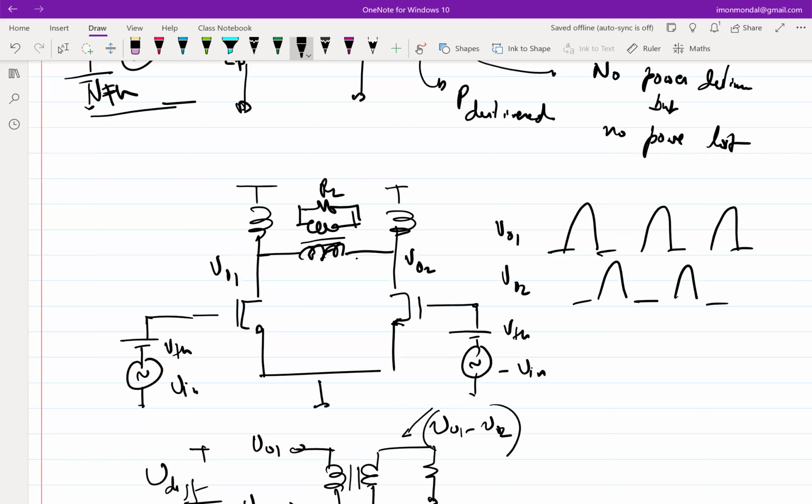I can do even better because I already have the inductors, right? I don't need to put an explicit transformer. I can make the inductors, connect them in such a way that they become a transformer. For example, I can connect these two. So effectively, I'll redraw. So I will essentially say this.